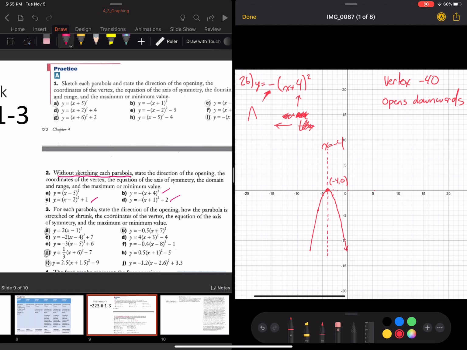So we take this value, and the axis of symmetry is x equals minus 4.